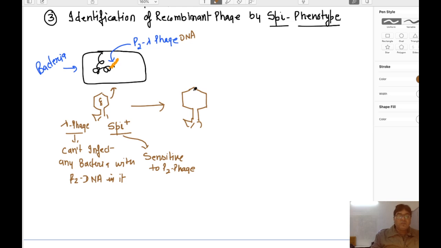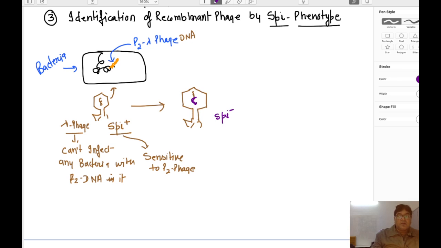Now, what we have done here, we have modified its DNA by inserting our gene of interest. Say, for example, if this is the gene of interest, we inserted the gene here in this phage DNA, and now this lambda phage becomes SPI negative.